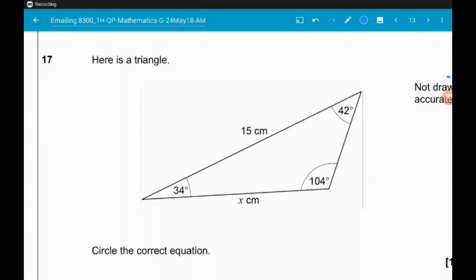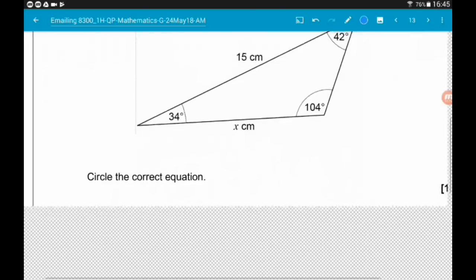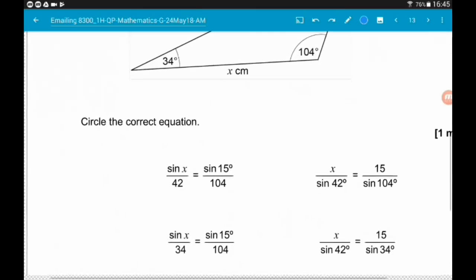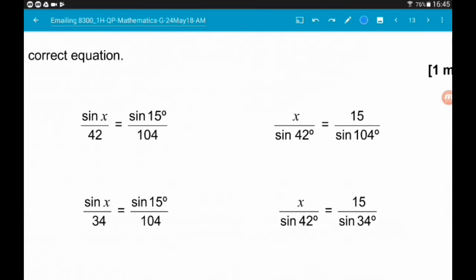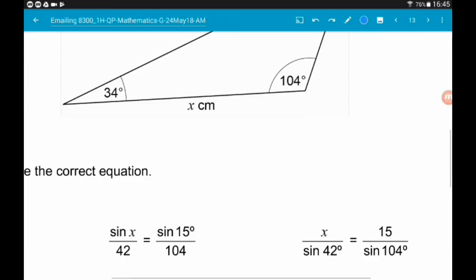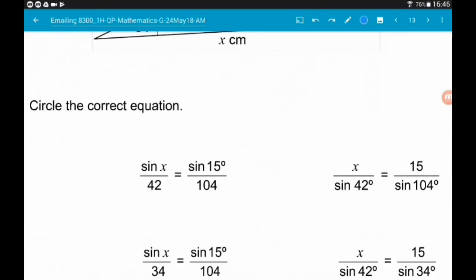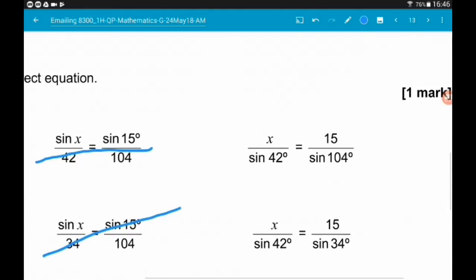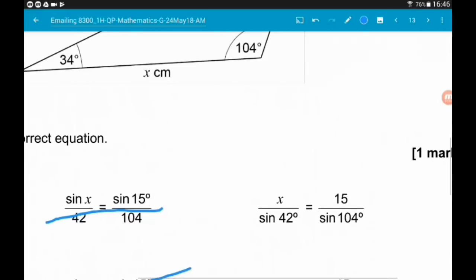Question 17, we've got a triangle where we know 2 lengths and all 3 angles. We were asked to circle the correct equation. So, everything here is looking like the sine rule. It's important to notice x is a side length, so it's not an angle, so we don't want sine of x anywhere. So we can get rid of this one, we can get rid of this one, which leaves us with these other 2.